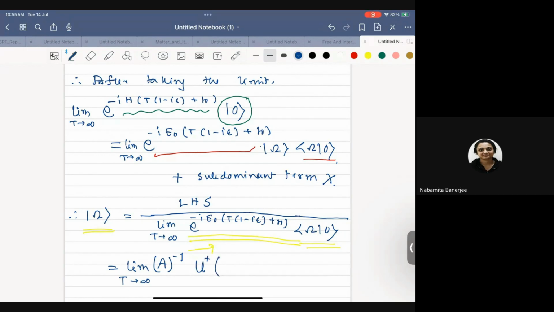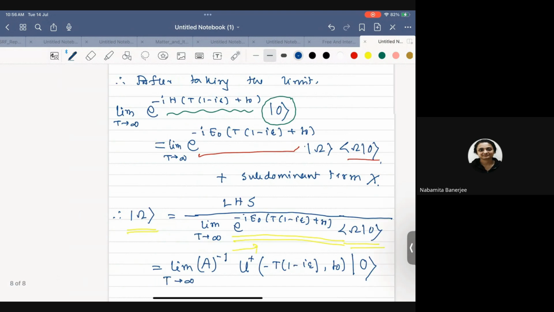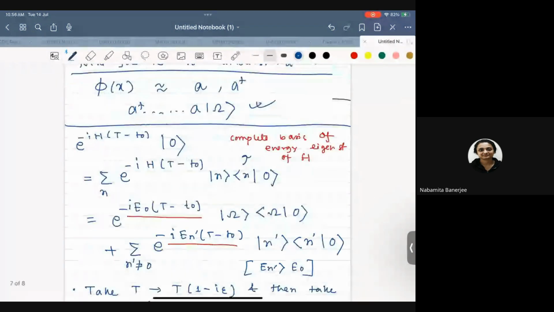This is the beauty. I have not done it, but if you put back all the definitions, you can see it in 1 minute, comma t naught. If you put back the definition of U, you will see that the left hand side operator can be written in terms of U. And please remember that U is an operator that you have understood well. You have solved for U, right? That's what we have done on the last page.